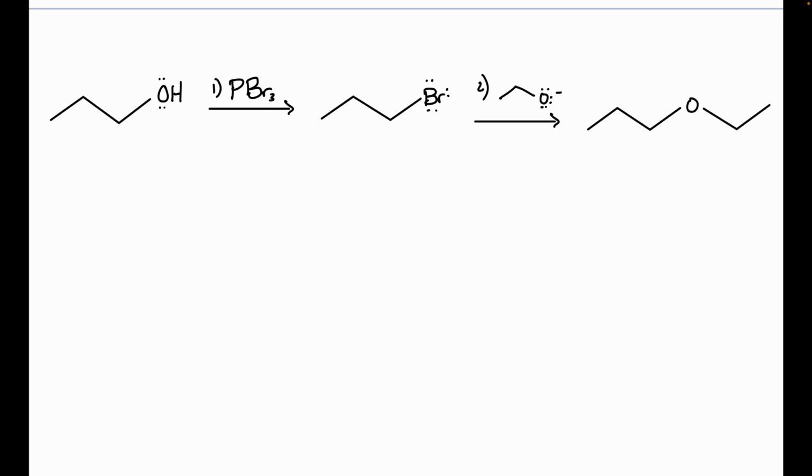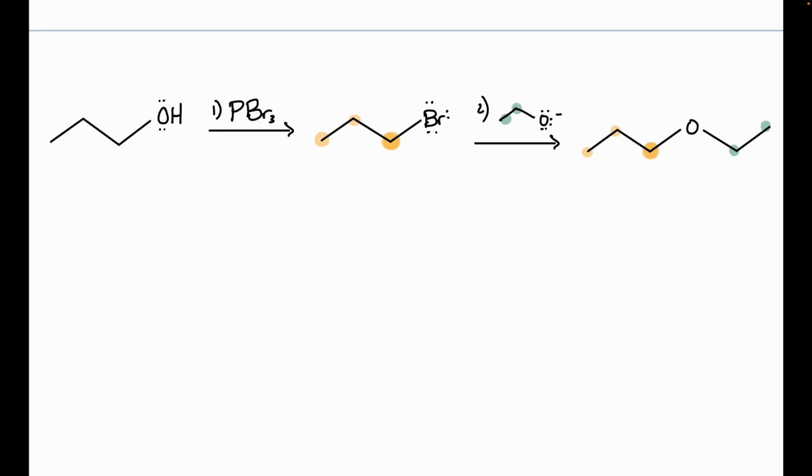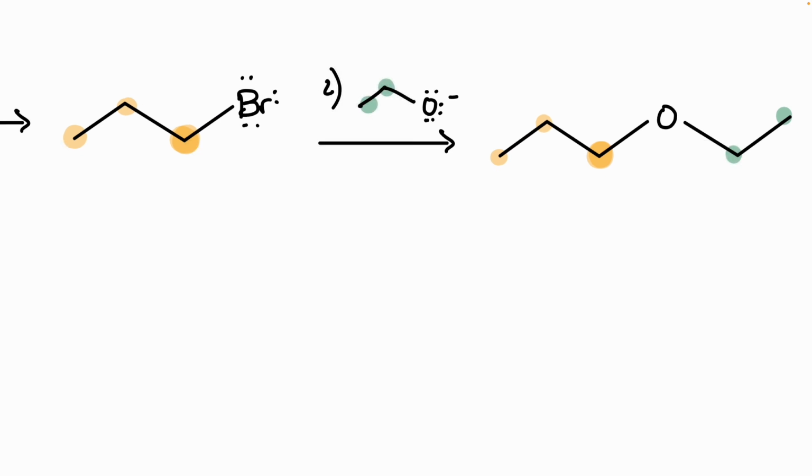So to be clear, my 3 carbons in my alkyl bromide, originally in my alcohol, are now attached to my alkoxide ion, and importantly, that new bond is between that nucleophilic oxygen and that carbon bound to my halogen.